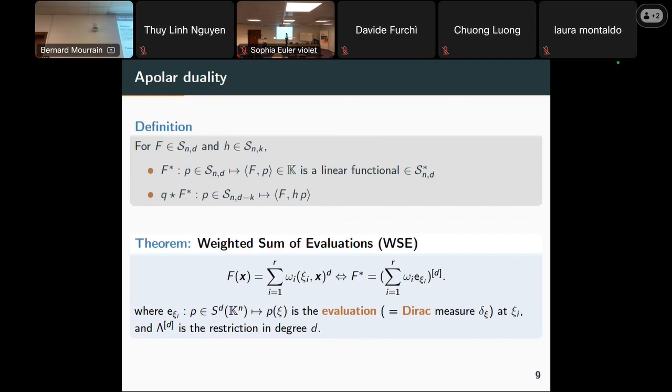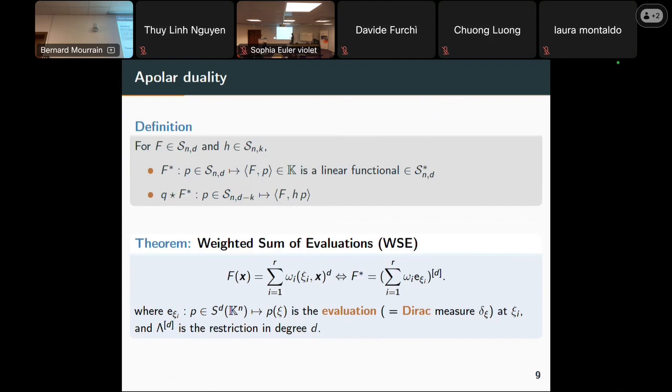This defines an element living in the dual of S_{d-k} in a very natural way. As soon as you have a product space, you look at the dual, and you have the transpose product, which exists and is defined naturally in this way. So this is not magic, it's just by default.